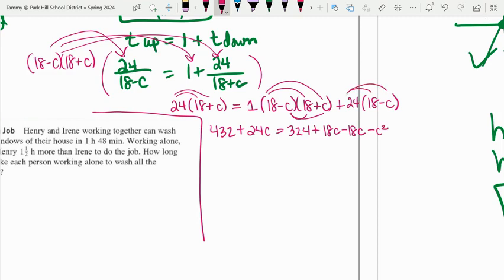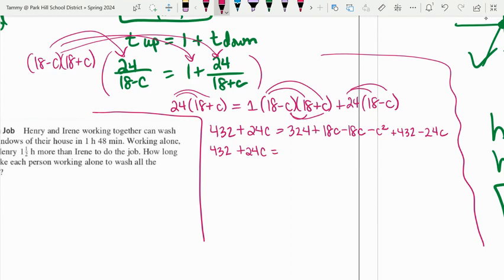Distribute here, so 24 times 18 is 432 minus 24c. Combine like terms, so 432 plus 24c equals, I have 324 and 432, 324 plus 432, 756. These go away. Minus 24c, and then minus c squared.